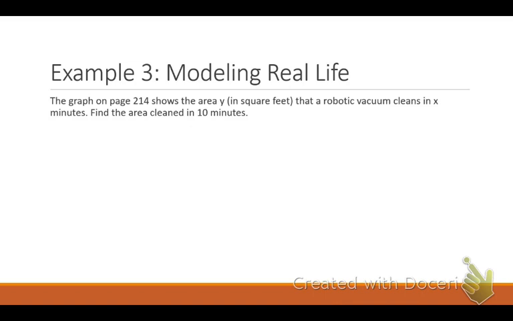All right, so here's how I set it up in an equation. This is how you would set it up if you were given a problem like this. Y equals, okay, I need to find my rate. My rate is how many feet per minute. So read the graph, go over to 1 minute, and follow it up to that point. How many square feet am I covering in 1 minute?